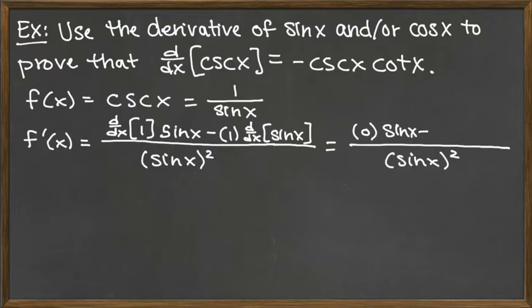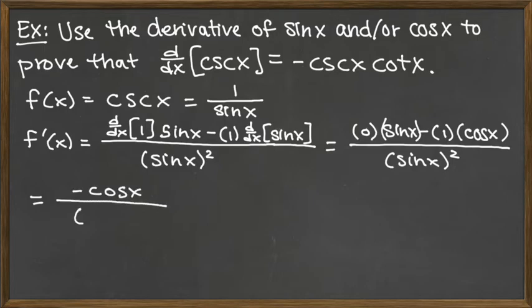So that would be minus the 1 times cosine of x. Okay, so continuing on here, we know 0 times sine of x would simply be 0. So we're looking really at just negative cosine of x on the top and sine of x squared on the bottom.